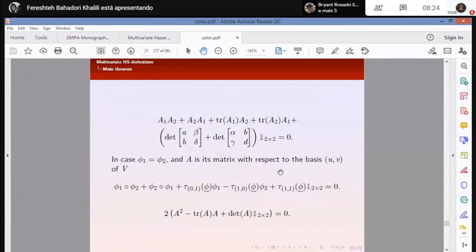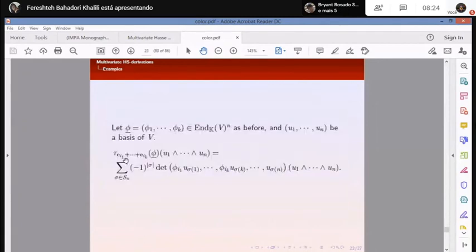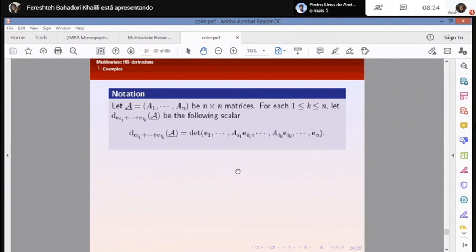And in the general case, it is also true that these traces can be obtained by the determinant of such a matrix. So this formula motivates us to name this part. We introduce a notation: if A is an n-tuple of n times n matrices, then this is just the determinant of this matrix.